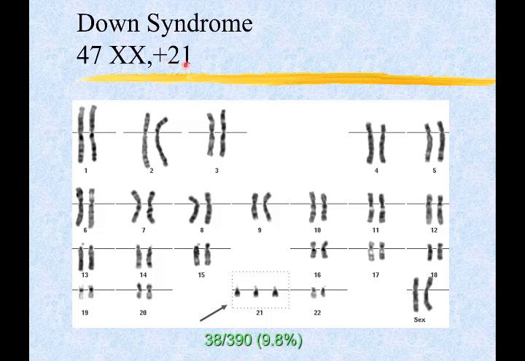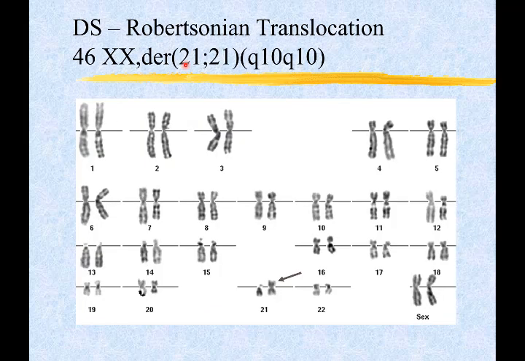This shows that there is an extra chromosome 21, and 96% of Down syndrome cases are accidental during the first few weeks of gestation. 4% are like this. 4% of the Down syndrome children.